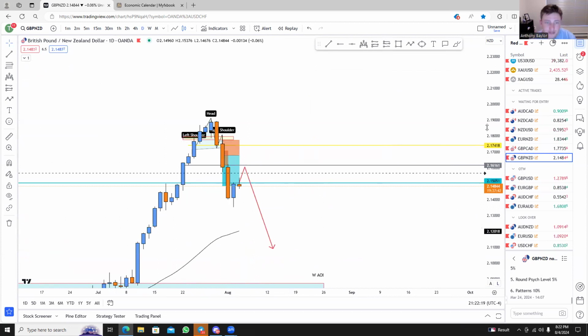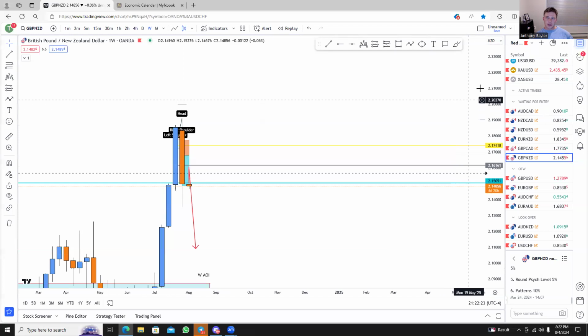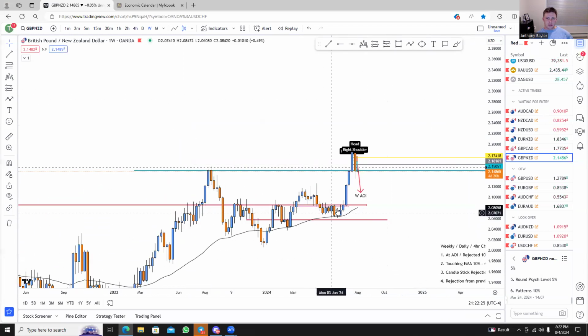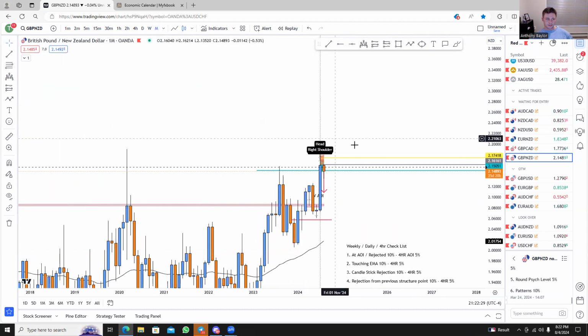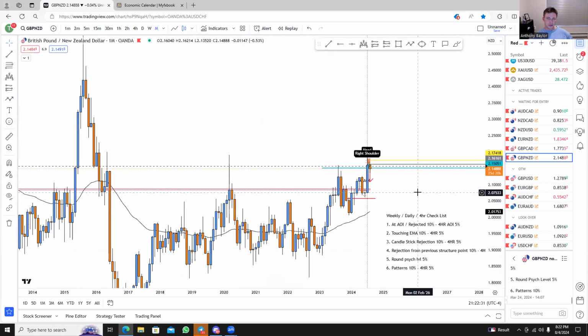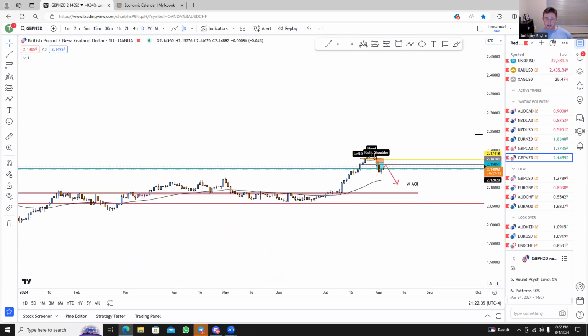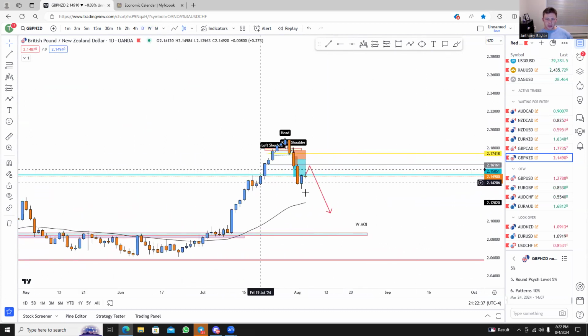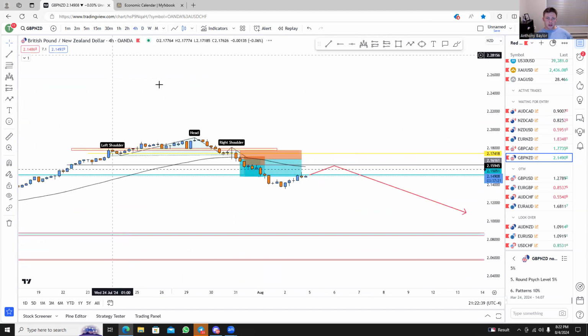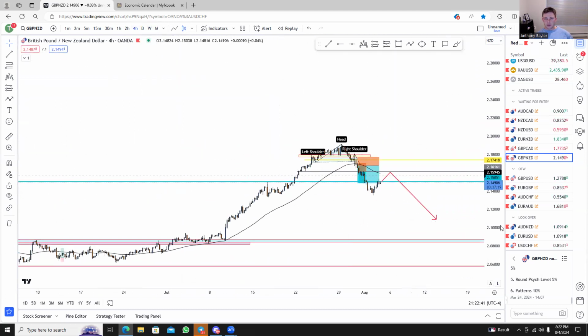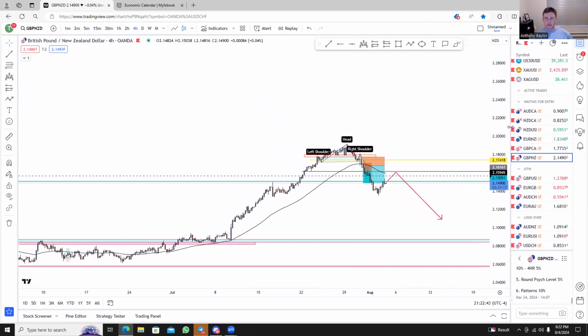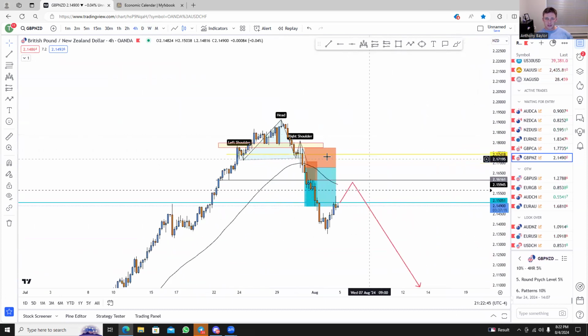All right. Next one, GBP NZD. Weekly is bullish. Huge bullish candles right here. Where are we at on the monthly chart? Oh yeah, monthly is bullish. Daily is bullish. We are working on a shift to structure. We got that head and shoulders formation from last week, as you guys can see. Boom, boom, boom, boom.